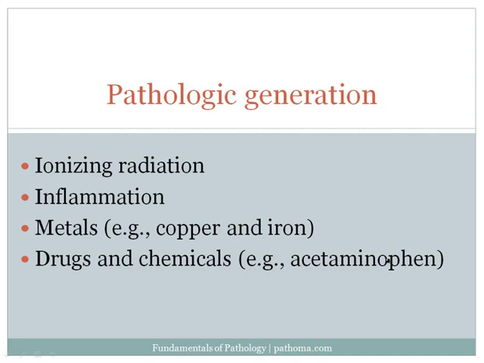Some important examples: ionizing radiation can generate free radicals, and the classic free radical that's generated is actually hydroxyl ion, OH. And what's important to recall here is that the way ionizing radiation generates these free radicals is that the radiation actually hits water within tissues, and once it hits water within tissues, one possible consequence of that is the generation of hydroxyl free radical.